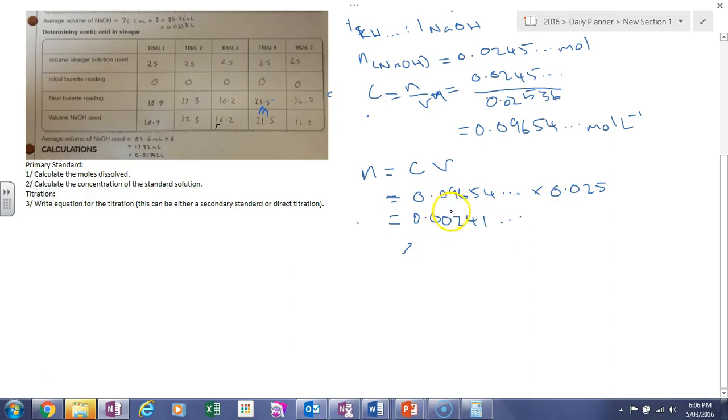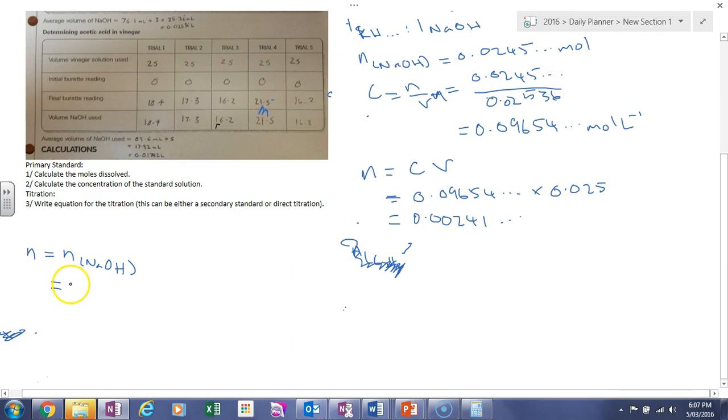We now need to work out how many moles of acetic acid is in this reaction. Now, luckily for us, the moles of acetic acid is a 1-to-1 ratio. So now we work out the moles of acetic acid, which equals the moles of sodium hydroxide, because it's a 1-to-1 relationship. So moles of acetic acid is the same, 0.00241... Okay, so that's how many moles we have of acetic acid.